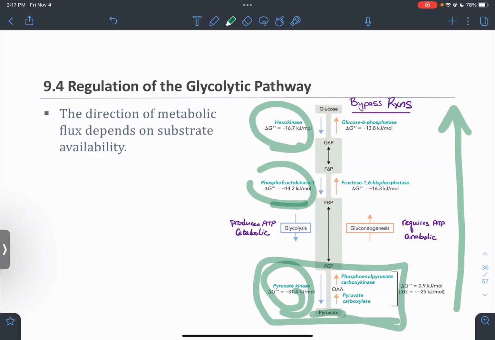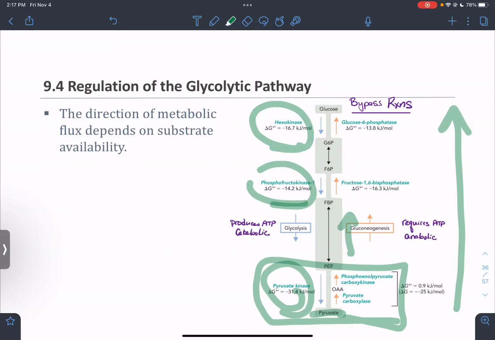Then the next step, going this direction in gluconeogenesis, is we need to bypass the PFK1 reaction. The PFK1 reaction is bypassed by fructose 1,6-bisphosphatase. This one is basically 1-to-1, and you can look and they have very similar negative delta G values. And then that very first reaction in glycolysis, the last one in gluconeogenesis, we're going to substitute hexokinase with glucose 6-phosphatase.